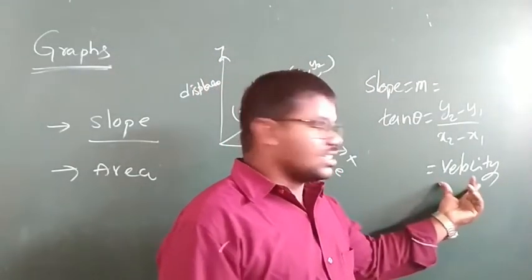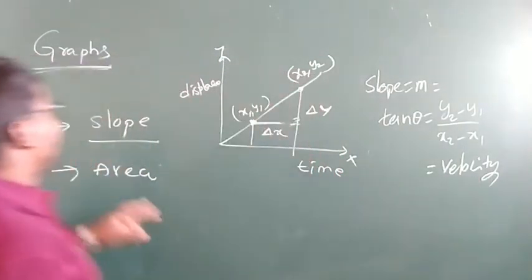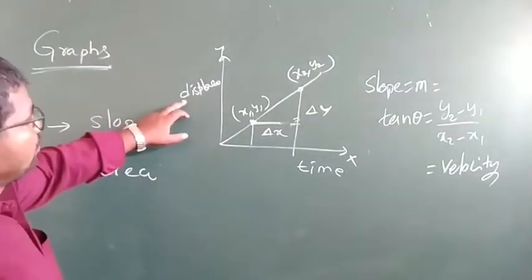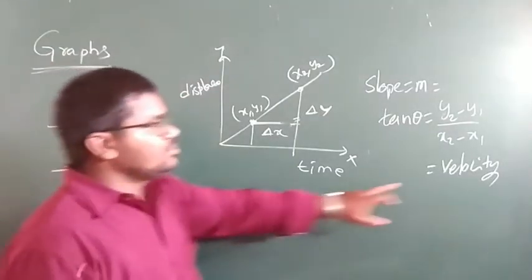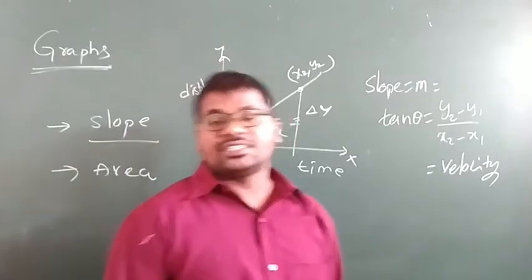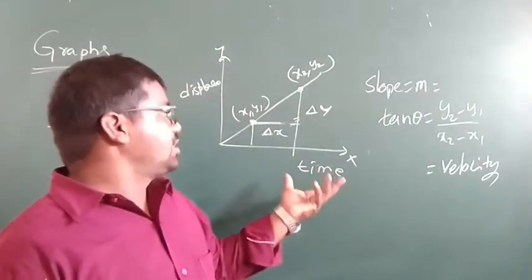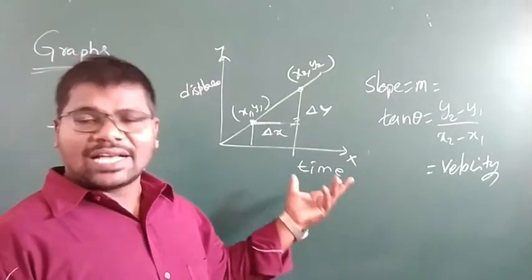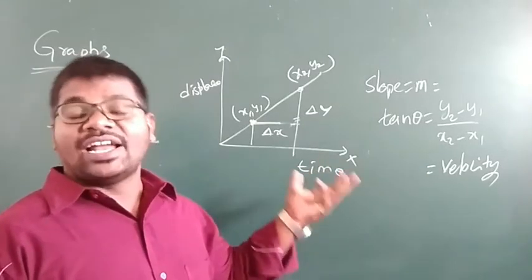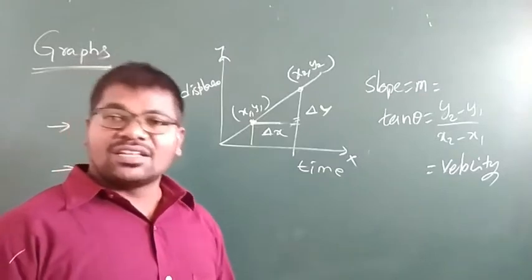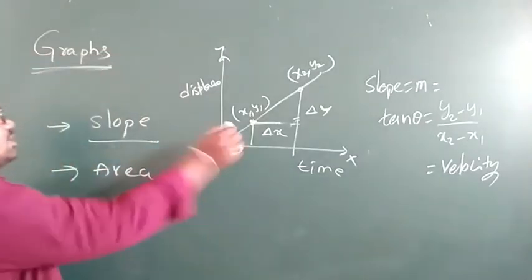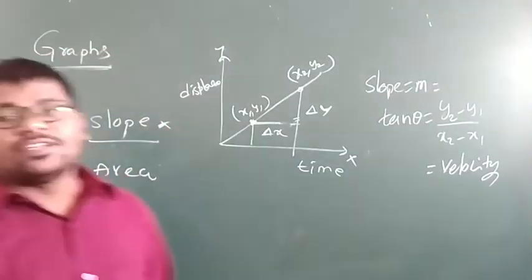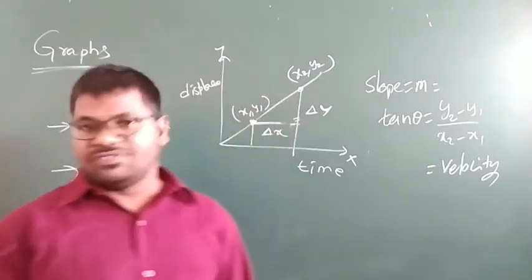The slope of the displacement time graph will give velocity. So by this method, you can find velocity, acceleration, everything easily by the graph method. So the slope method is very important in mathematics and physics.